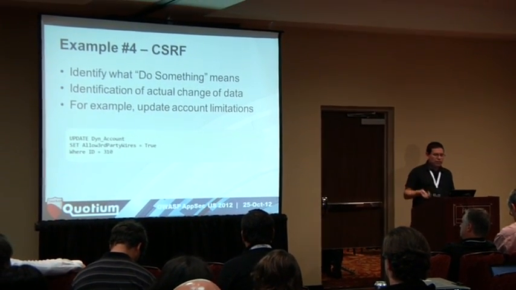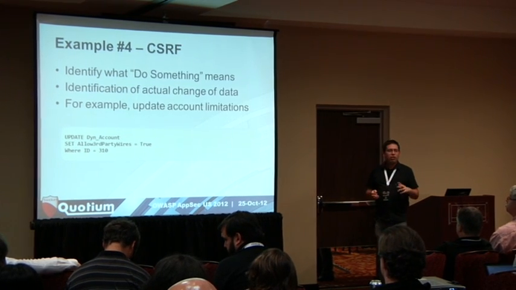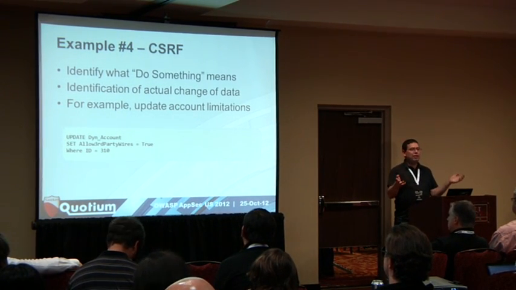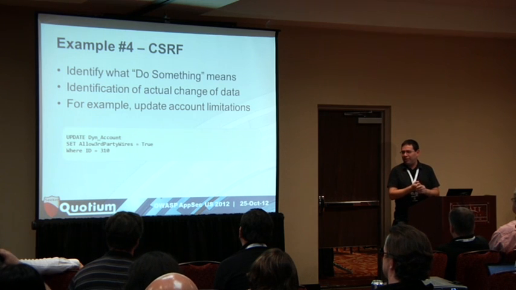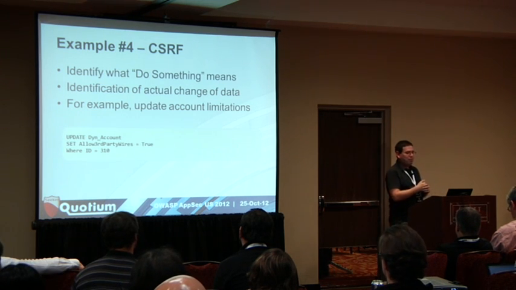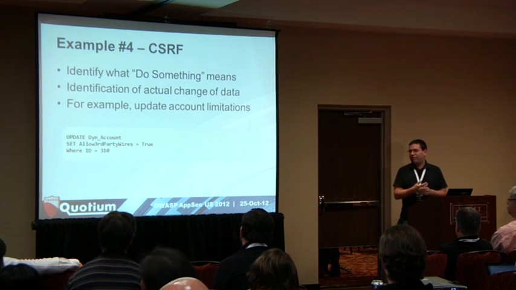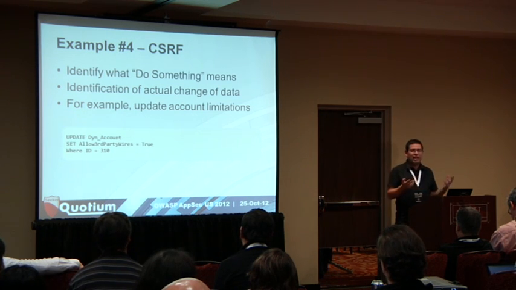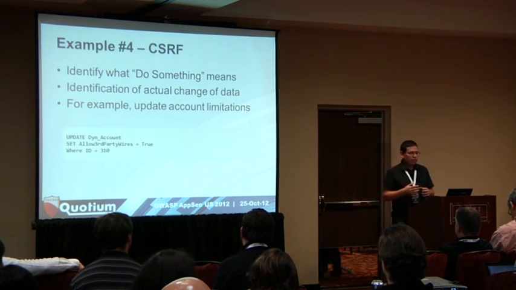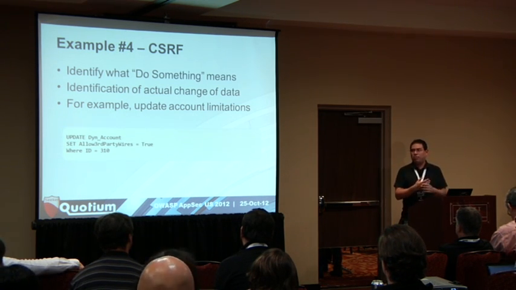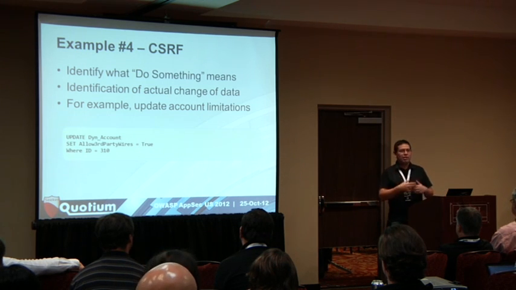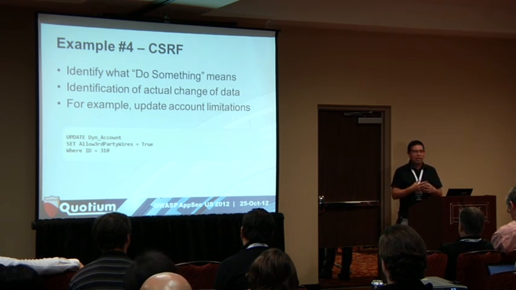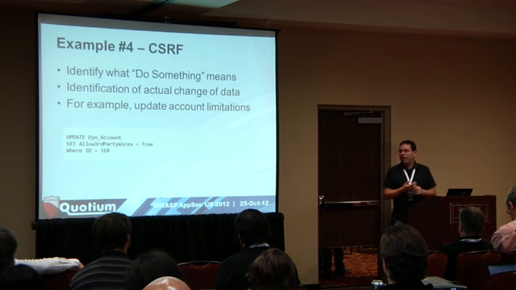So CSRF, another case where we want to look at data. CSRF is a really simple vulnerability. It has to be a link that has no random data in it that was a result of a previous request and does something. What does something mean? Some scanners say that does something means it's in a POST, but that's assuming the developer wrote it like they were supposed to, and we know that's never happening, otherwise we would all be out of a job.